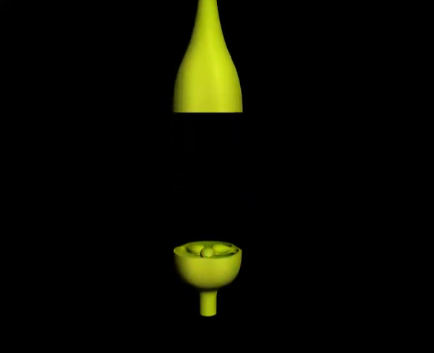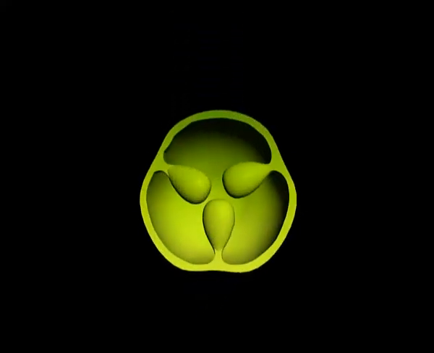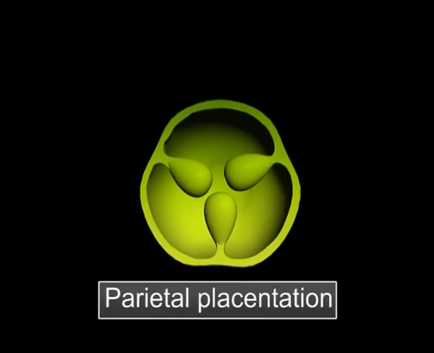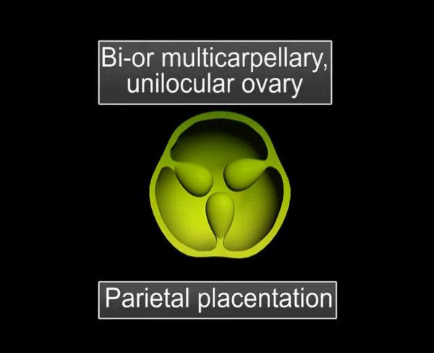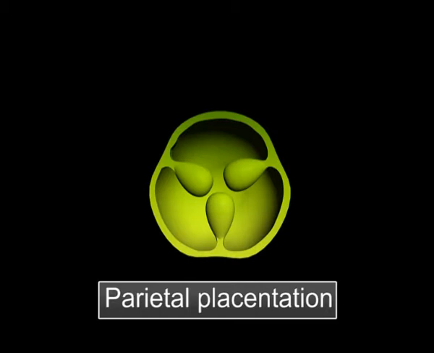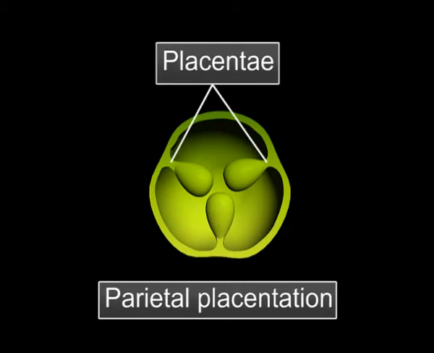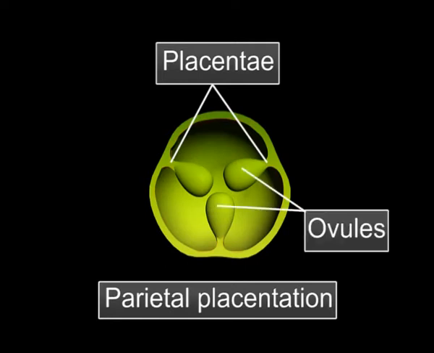The next type of placentation is parietal placentation. This type occurs in bi or multicarpellary but unilocular ovary. As clear from the visual, here the placentae are positioned on the wall of a unilocular compound ovary and ovules are attached to the outer wall of the ovary instead of the axis and point inward.